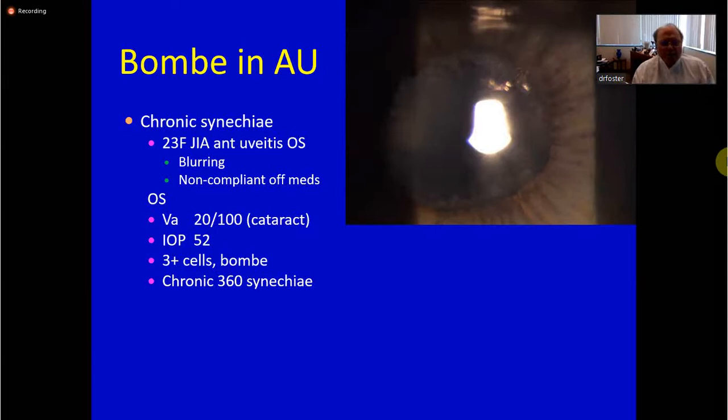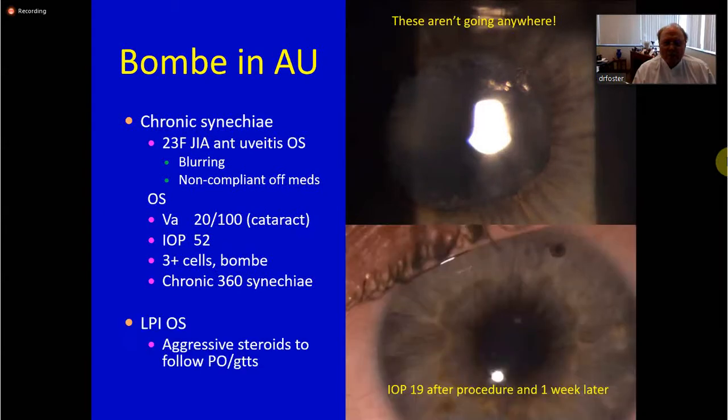Otherwise, it's going to get worse and worse with chronic synechiae and intransigent cells in the anterior chamber and the need for glaucoma surgery. This patient, for example, has a pressure of 52 with 3+ cells in the anterior chamber and iris bombé. Things aren't going anywhere. That person is going to require glaucoma surgery.